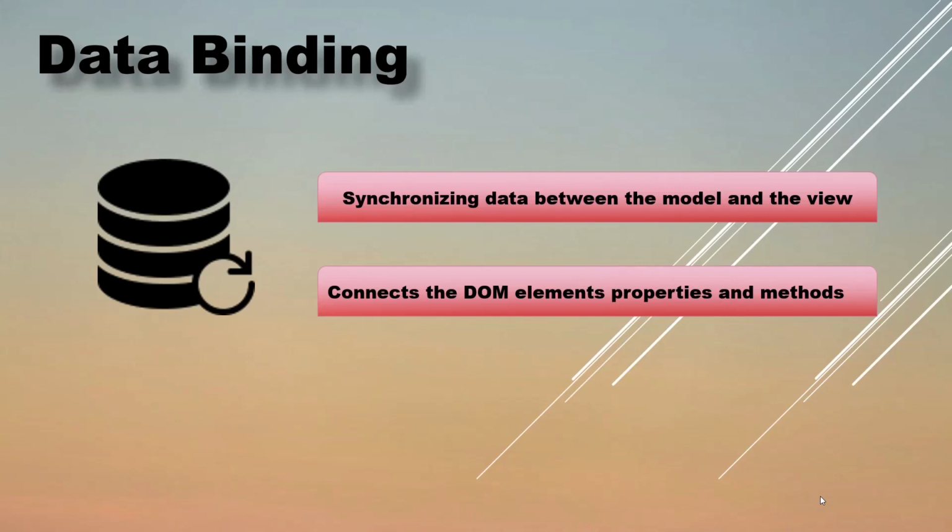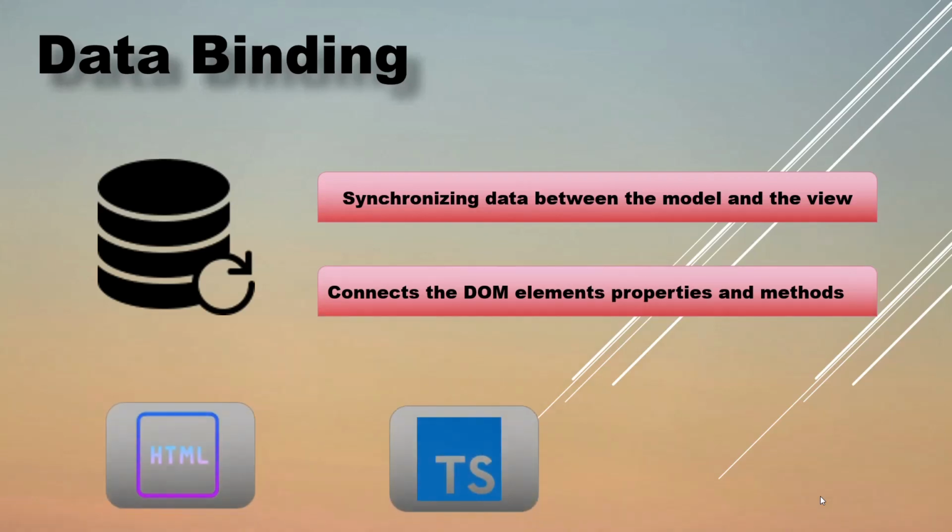Properties are nothing but variables, and methods mean functions. Let's say you have created one variable, and you need to show it in HTML. How we can do that binding, we'll learn in this data binding session. So communication between TS and HTML is nothing but data binding.